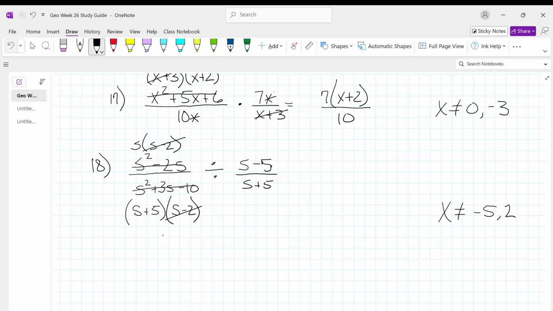So what we're left with on the left is s over s plus 5 times s plus 5 over s minus 5. Well, now we can cross cancel these two. So in simplest form, we have s over s minus 5 with these exclusions.